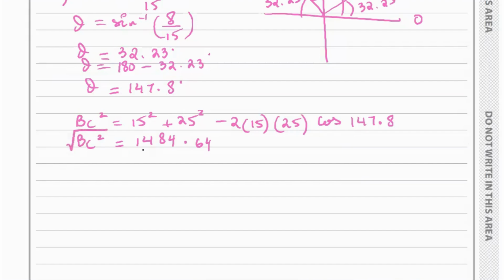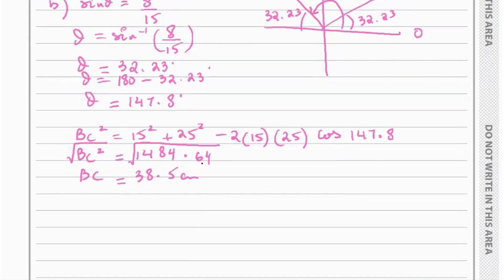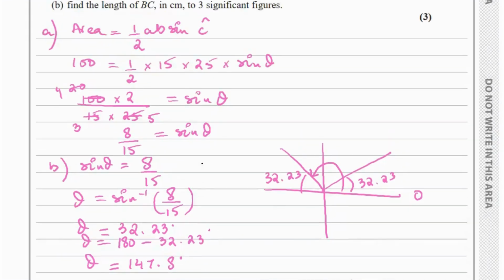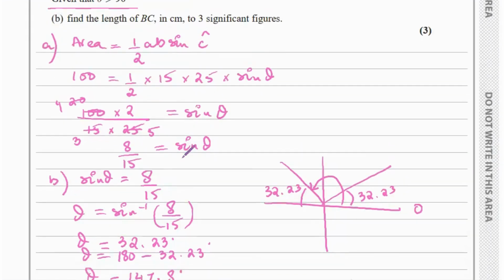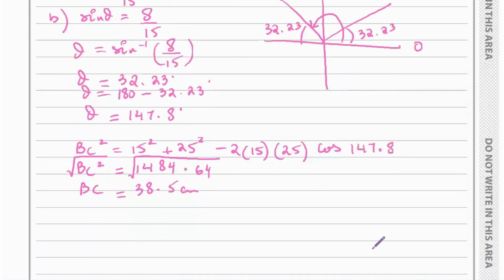This is BC squared, so to find the value of BC, we square root both sides, and that equals 38.5 centimeters. They want the answer correct to 3 significant figures. So that's your answer.